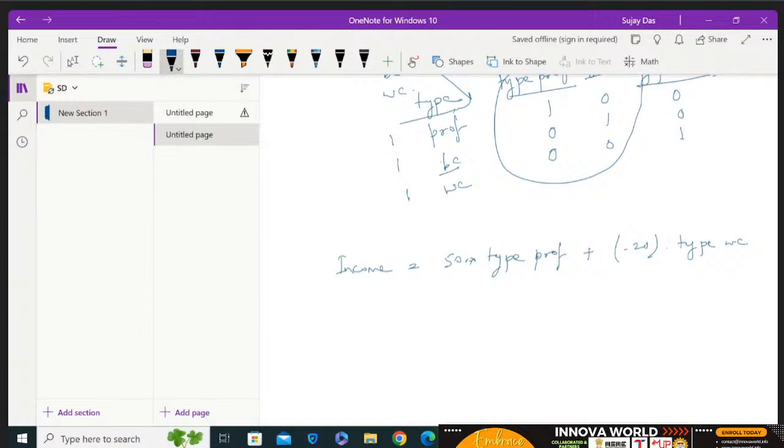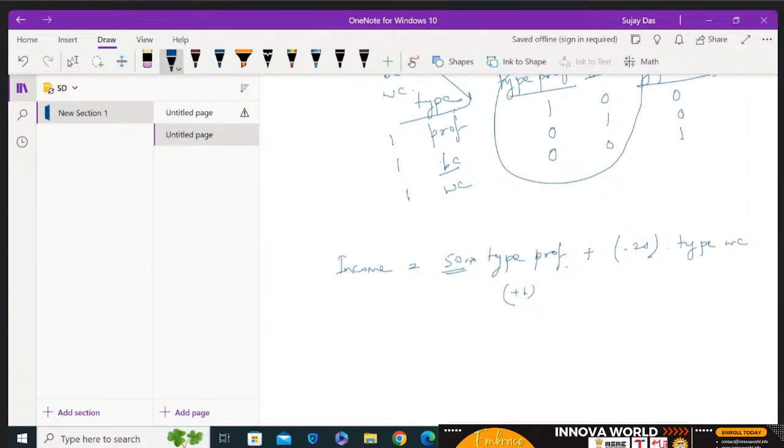So what will be the explanation of these two variables? If type professional increases by 1 unit, that means if instead of blue collar you get a professional job, your income is going to increase by 50 units.